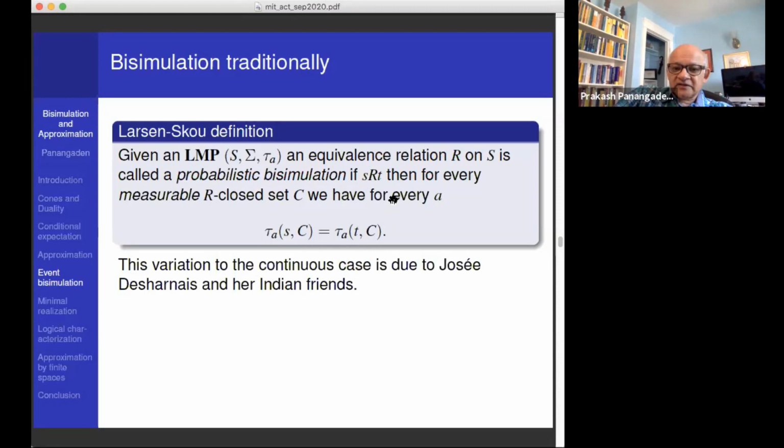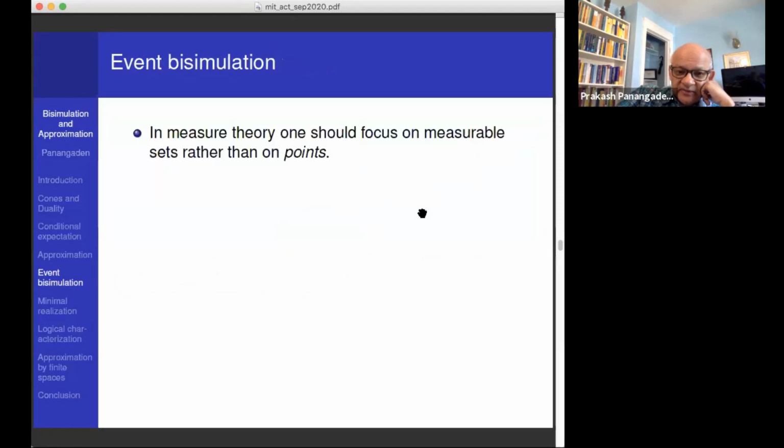So we extended this. This was not how Larsen and Skou wrote their definition, because they didn't have sigma algebras and stuff floating around. But we extended this to the continuous case, and this definition captures bisimulation of Markov processes on continuous state spaces. However, if one starts thinking about this, in measure theory, one should focus on measurable sets rather than on points.